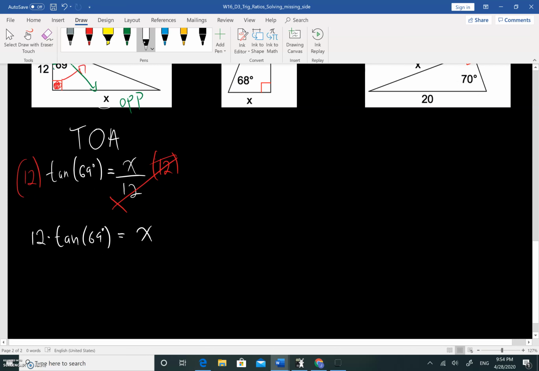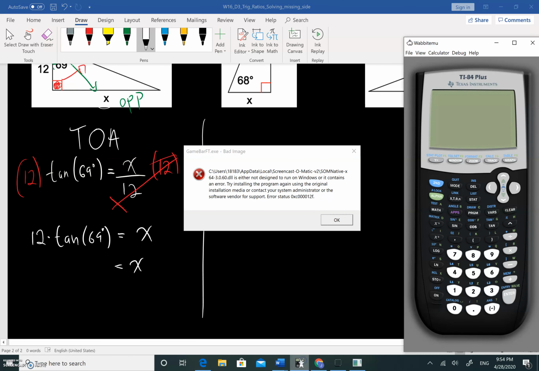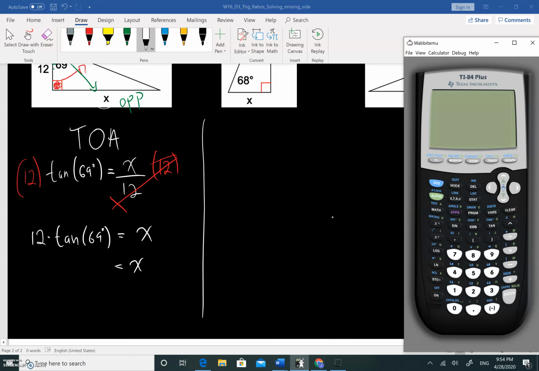And now you have to go ahead and put this in the calculator. So x is equal to, well, let's use our calculator. So we put 12 times tangent of 69, and my answer is 31.26.